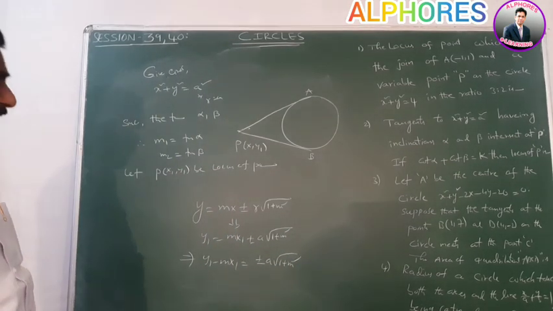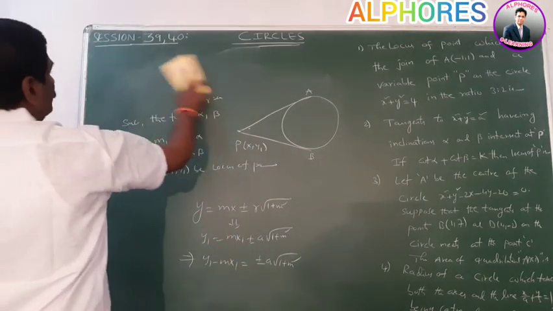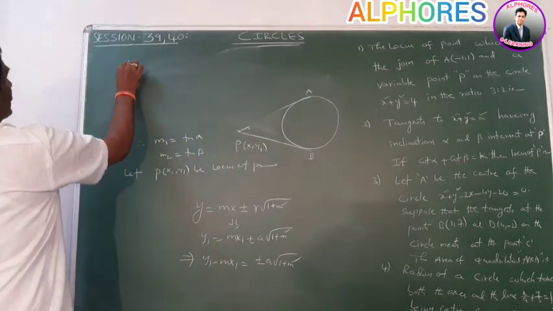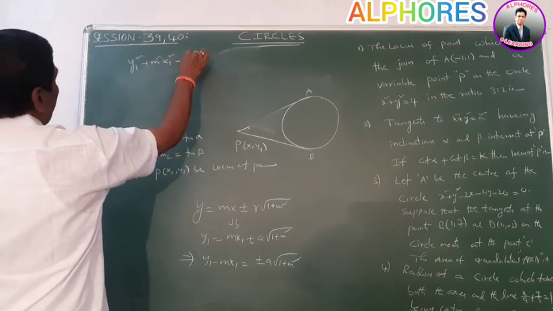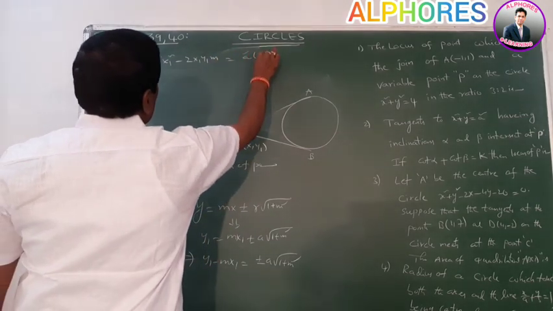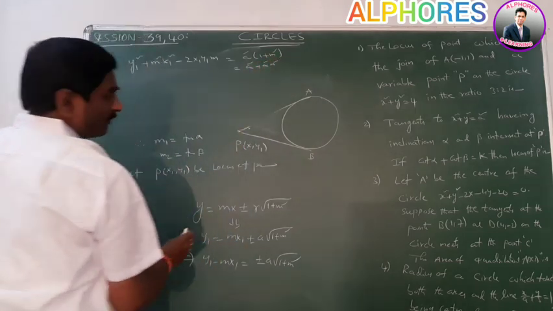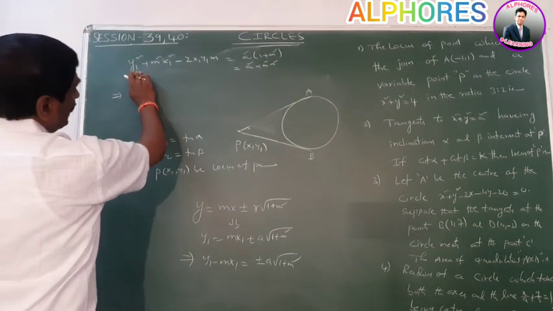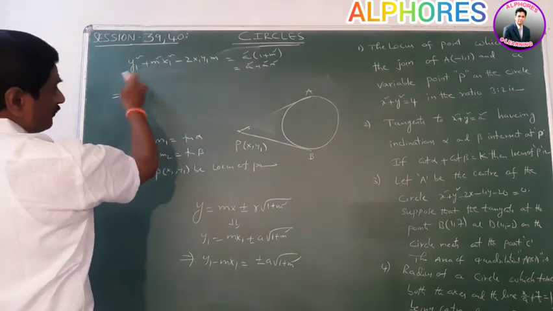After squaring on both sides, we get y1 square plus m square x1 square minus 2x1 y1 into m is equal to a square into 1 plus m square, that means a square plus a square m square. Move these values to the LHS side.